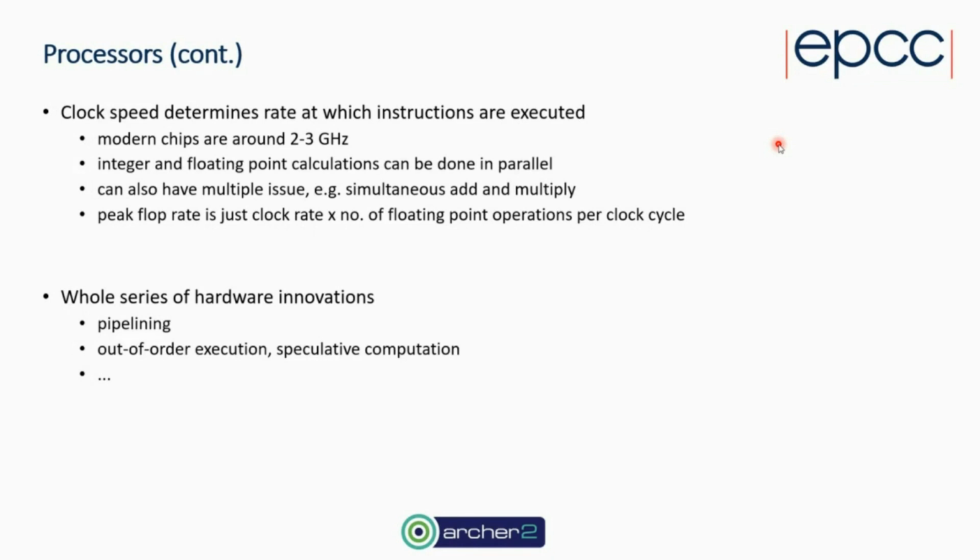From pipelining, so this lets you have functional units which take more than one clock cycle to complete, but still produce an instruction per clock cycle, because you can have a pipeline of instructions running through the functional unit, doing parts of it, and once you've filled that pipeline up with instructions, it will generate an instruction per clock cycle.